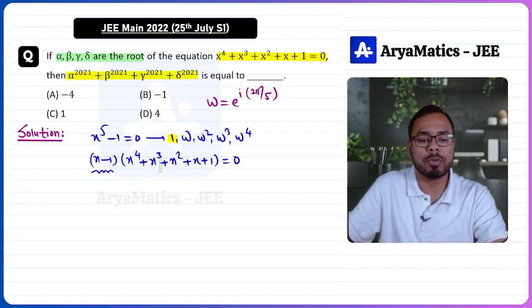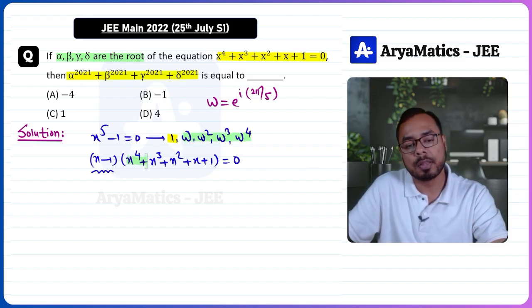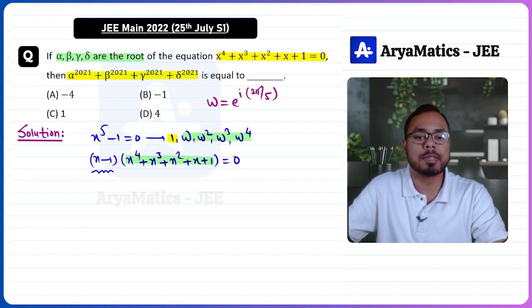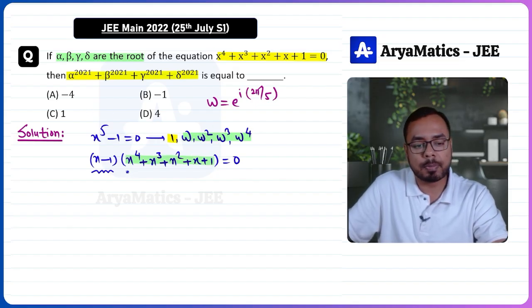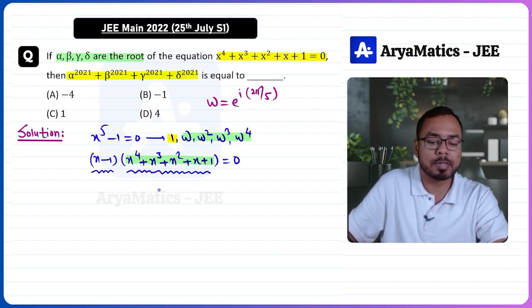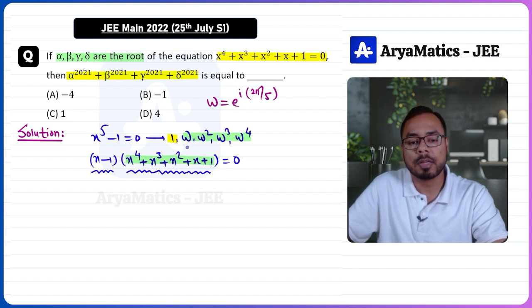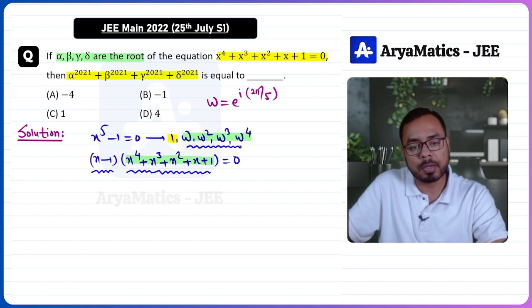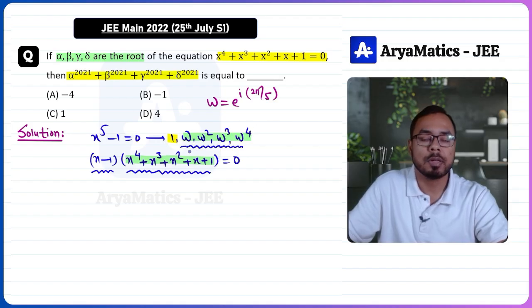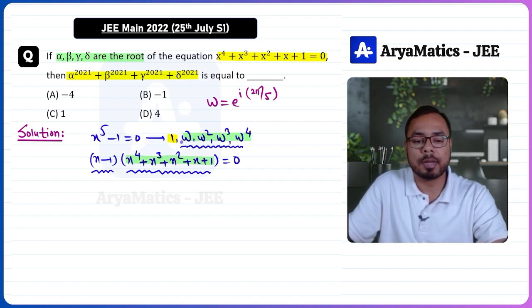That means the other four roots, omega, omega square, omega cube and omega raised to 4, are nothing but the roots of this biquadratic equation, right? So for this equation, x raised to 4 plus x cube plus x square plus x plus 1 equals to 0, the roots are omega, omega square, omega cube and omega raised to 4. So alpha, beta, gamma and delta are nothing but omega, omega square and so on, where omega is e iota 2 pi by 5.